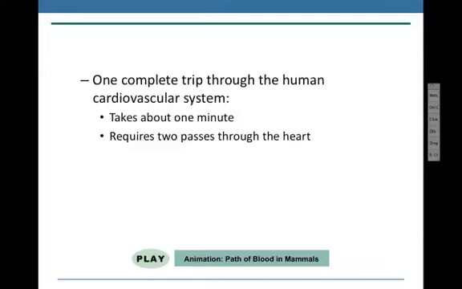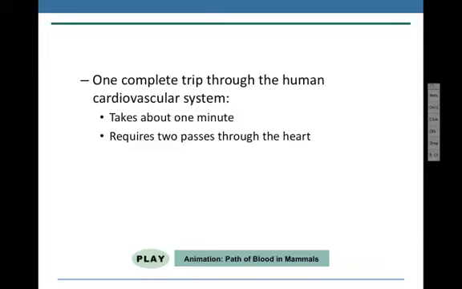So a complete trip through the entire system happens in about 1 minute. And that requires 2 passes through the heart, the right side and the left side. So, in other words, we've completed the pulmonary circuit as well as the systemic circuit.